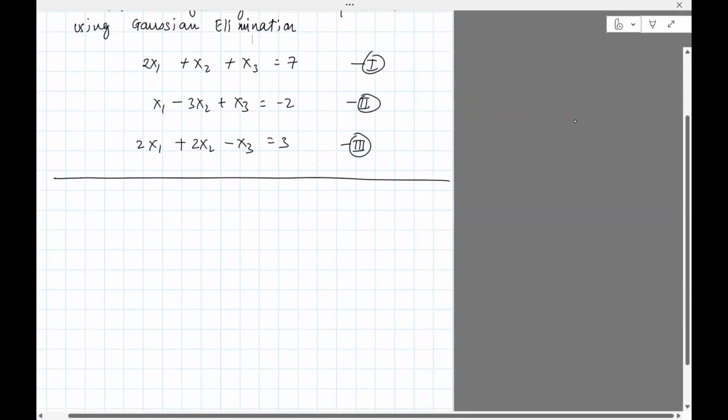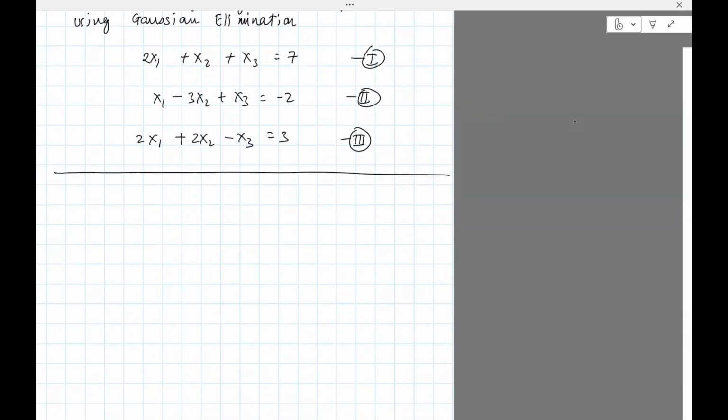So what we'll do is, in order to solve this, we'll use this notation. We'll write only the coefficients of x's in a matrix format. So the coefficients are 2, 1, 1. That's from the first row. Then we have 1, minus 3, 1. And then we have 2, 2, minus 1, right? So just the coefficients.